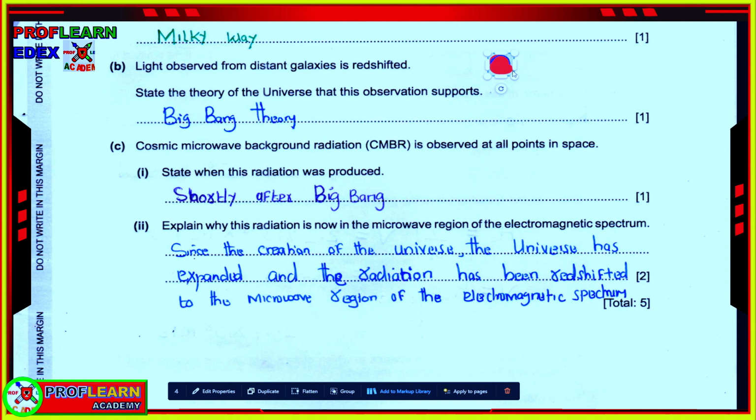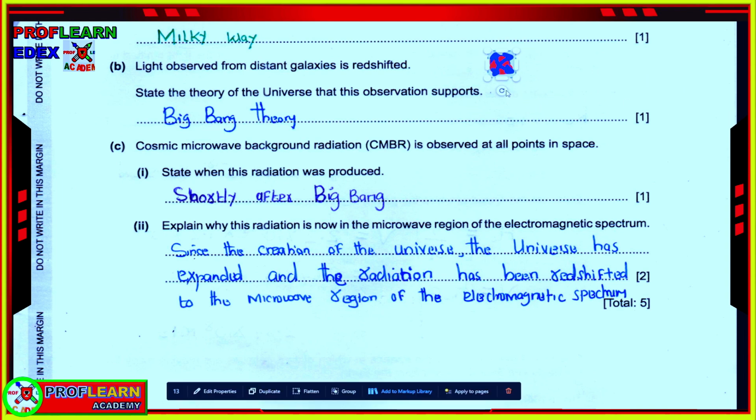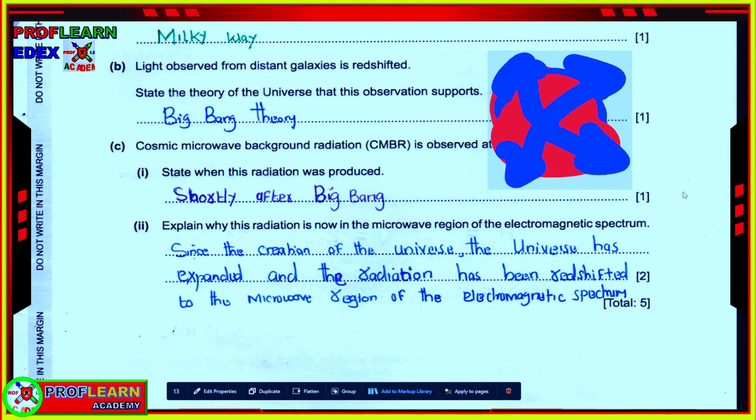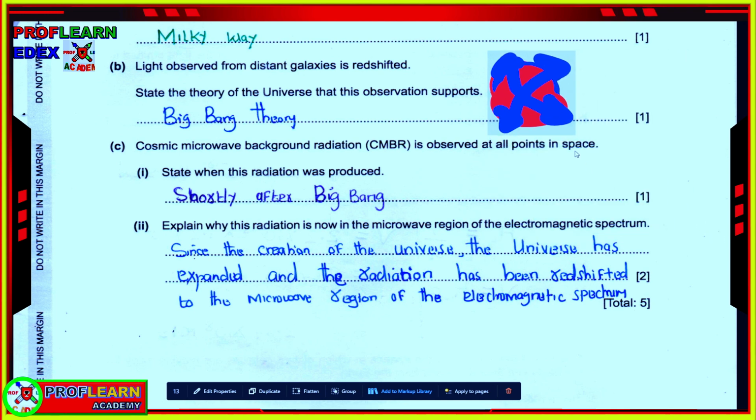Also, the cosmic microwave background radiation, which is present everywhere and spreading in all directions, is an indication that it was created shortly after the Big Bang. Since it is spreading in all directions, it means that the universe has expanded and it was created from a single dense point.